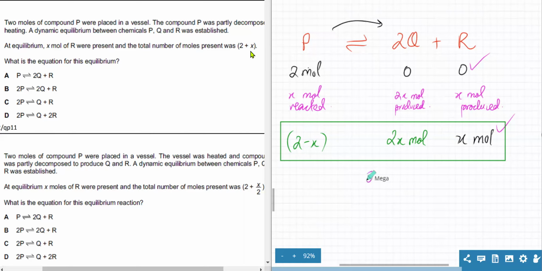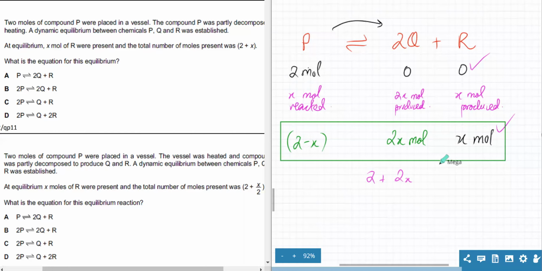You get 2 plus 2X. Because 2 minus X plus X, the X gets cancelled out, and then there's another plus 2X moles. So that's a total of 2 plus 2X moles. And they had specifically stated that the total number of moles is 2 plus X. So which is why A is not the correct option.